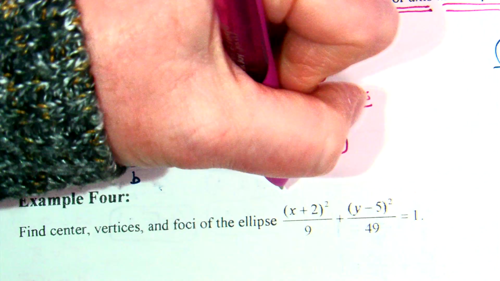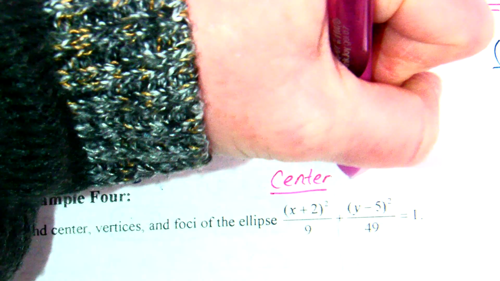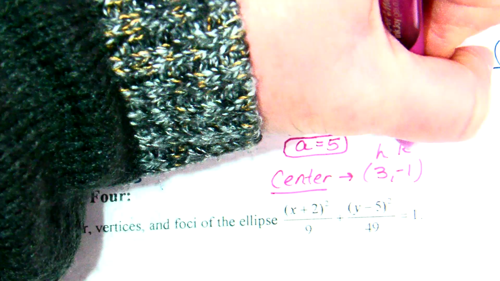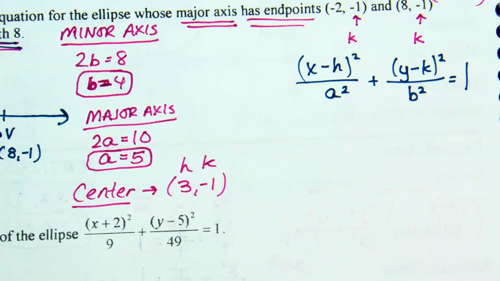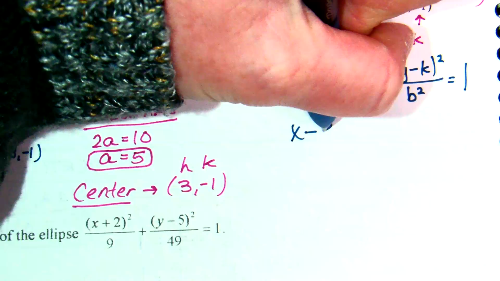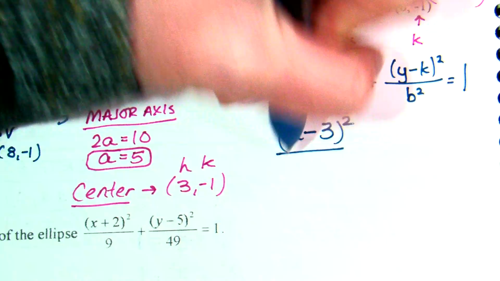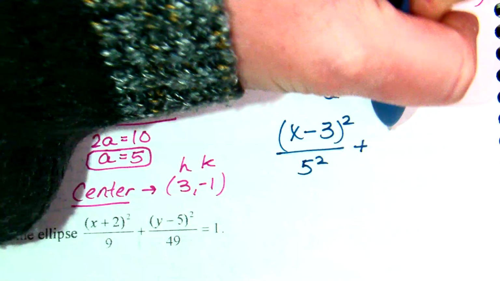Other thing I didn't write down is that we did find the center of 3, negative 1, which means those are my H and K, correct? I just need to write my equation and I'm done. X minus H. So X minus 3, quantity squared over A squared, 5 squared, plus Y minus K, Y minus negative 1.